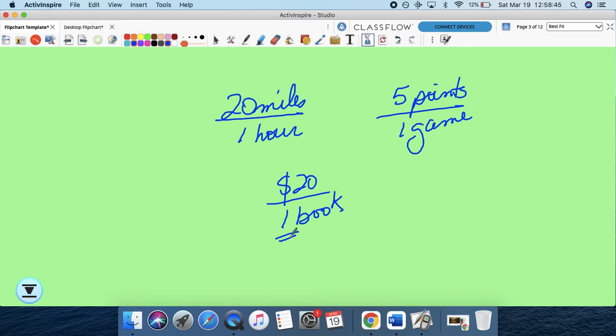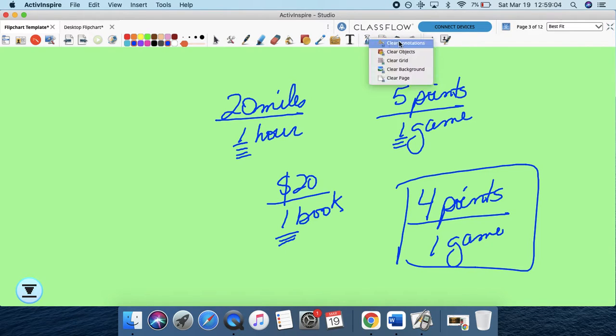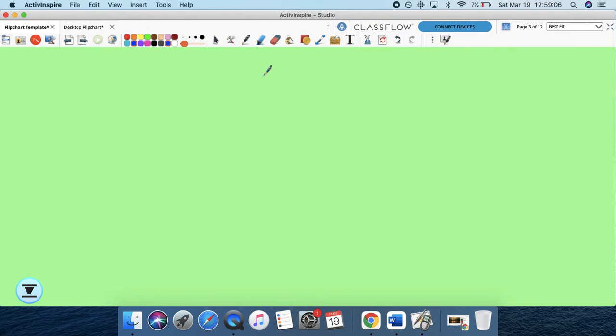So it's all being compared to 1. So from all the choices that you have, the only one that's like that is the third one. It says 4 points for 1 game. So that's the only one written as a unit rate.